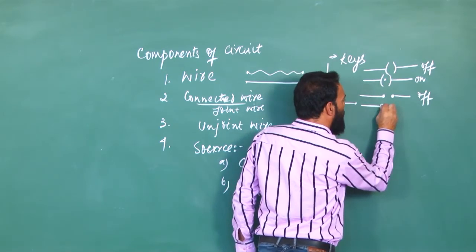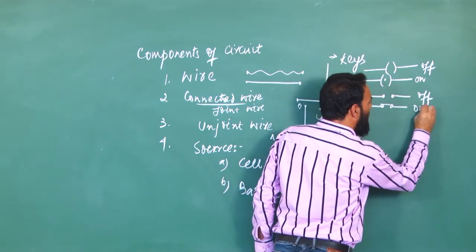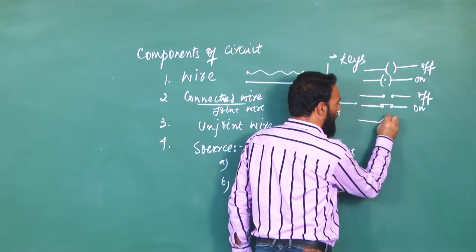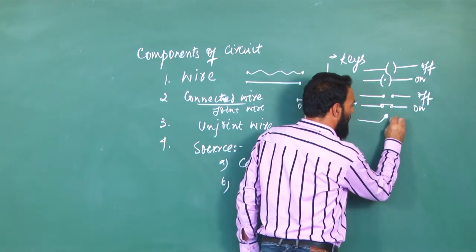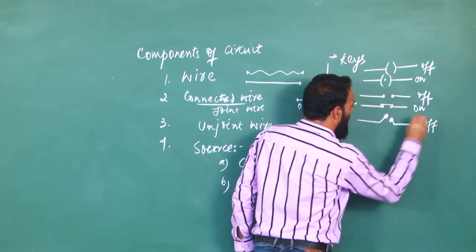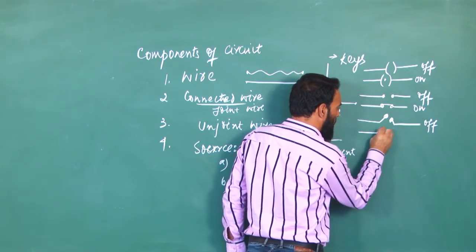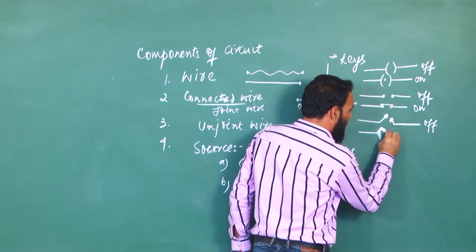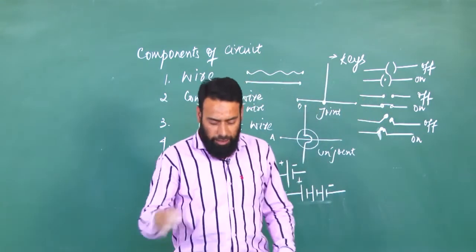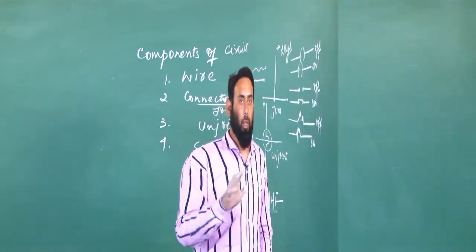If we join these two ends with a line, this is on. The third way of representing the keys is like this. This is an off key, and this is on. So these are different ways of representing keys.